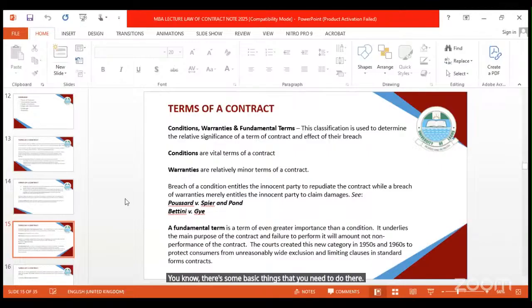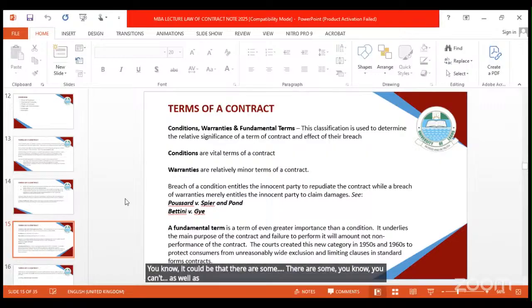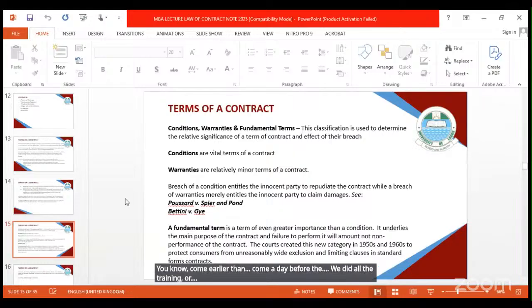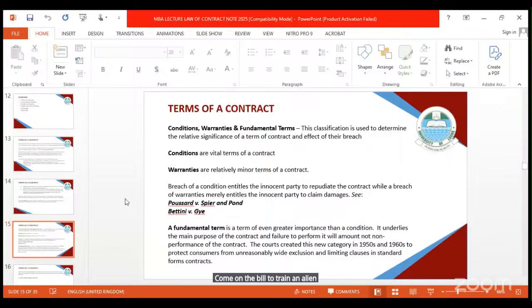Aside from getting the venue and the facilitators, you can also say to the facilitators, "Come a day before the training, or come on the day of the training early enough." So it depends on how you put it. But that's a contract for training NNPC staff.